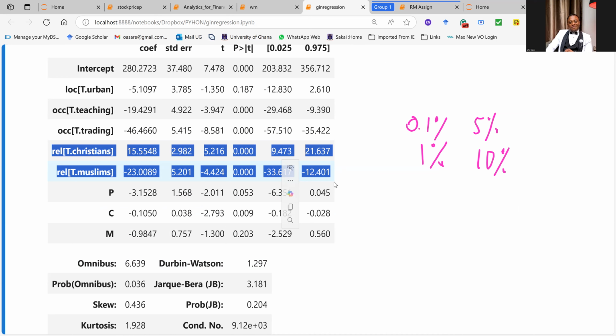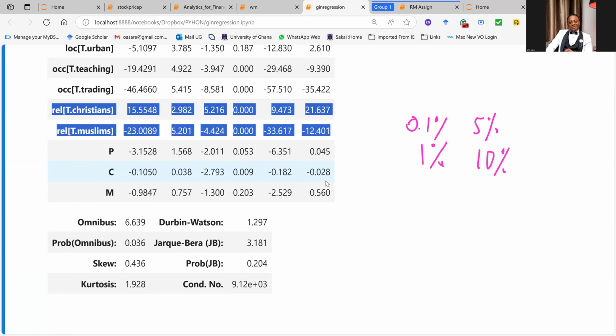Every time you're talking about this religion, you got to speak as though the reference category is here. But you can see in the results that a reference category, oh, by the way, which other religion is not here? Buddhist. Good. So you got to speak in relation to Buddhists. So I'm going to interpret the coefficient of Muslim, but I'm going to speak in relation to Buddhists.